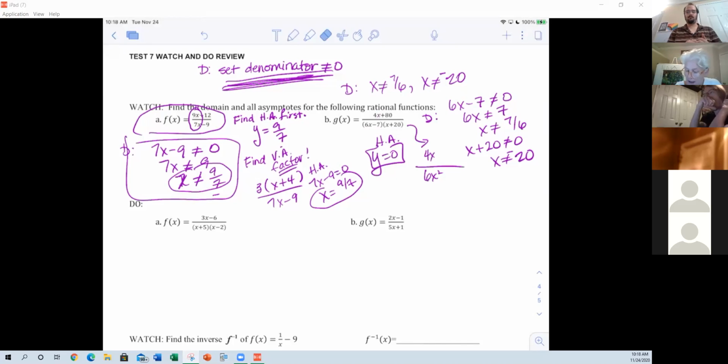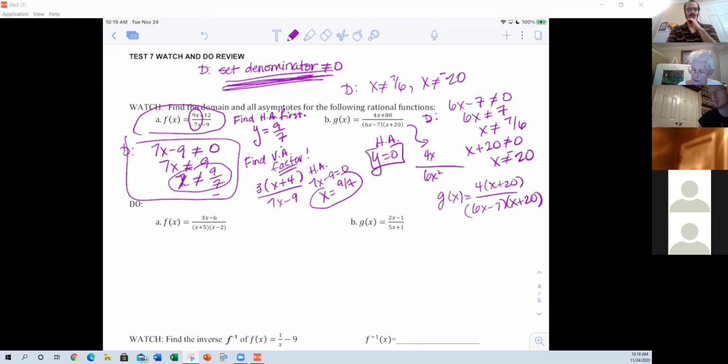I was really trying to make it so that you didn't have to factor as much. Okay, so now I am going to factor everything else. So this would be 4 times x plus 20 over 6x minus 7 times x plus 20, right? And what are we going to do here?